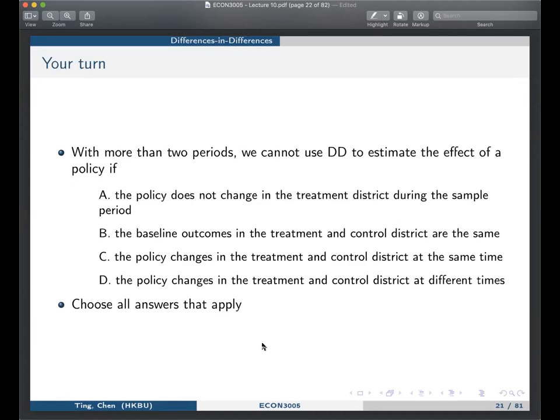So let me ask you a question. Your turn. With more than 2 periods, we cannot use DD to estimate the effects of policy if, which of the following is true? Let us see one by one. A, the policy does not change in the treatment district during the sample period.